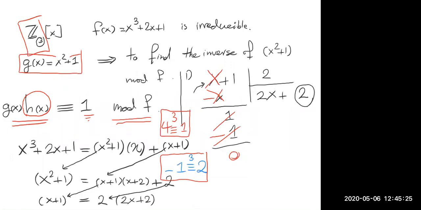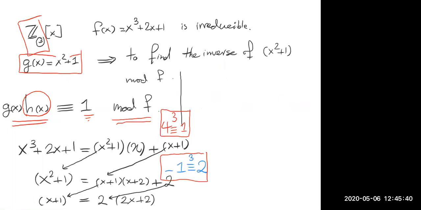I know it looks very confusing to you, this division, because it's in Z3, but that's how it works. Yeah, it's a little confusing. And now I claim we have the kind of inverse. Let me erase these.